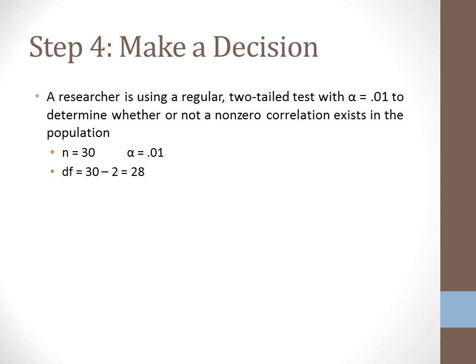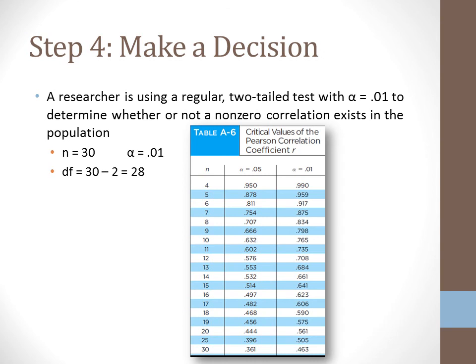To do that, we first need to calculate our degrees of freedom, which is again n minus 2, and in this example, n is 30, so 30 minus 2 is 28. And we just need to go to our table, first find our corresponding degrees of freedom value, and then find our corresponding alpha level.